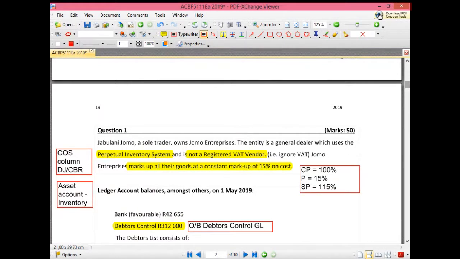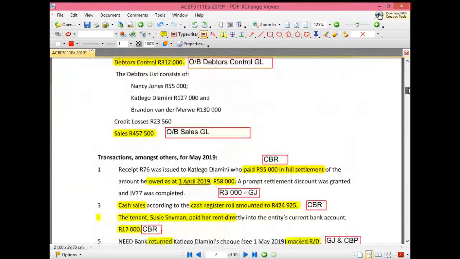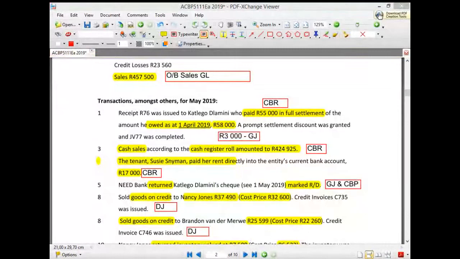Now, to convert the sales amount to a cost of sales amount, we take the 424,925, multiply it by 100 because I want to work out the cost, and divide it by the sales percentage, and then I get a cost of sales amount of 369,500 Rand. In this instance, they didn't give you the cost of sales, so you need to physically calculate it.